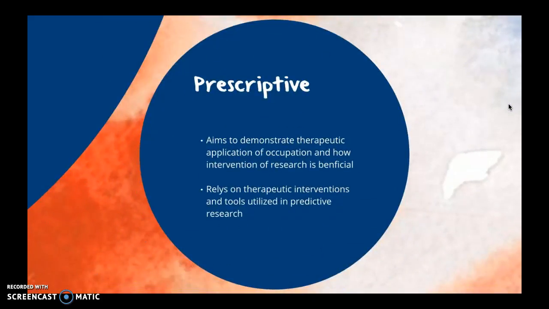And then finally, prescriptive research aims to demonstrate therapeutic application of occupation and how the intervention of research is beneficial. So this really relies on therapeutic interventions and tools that are utilized and created in predictive research, which helps identify what interventions might be beneficial for certain populations or individuals.